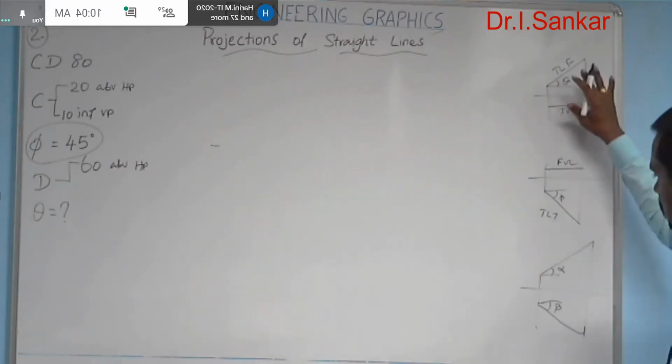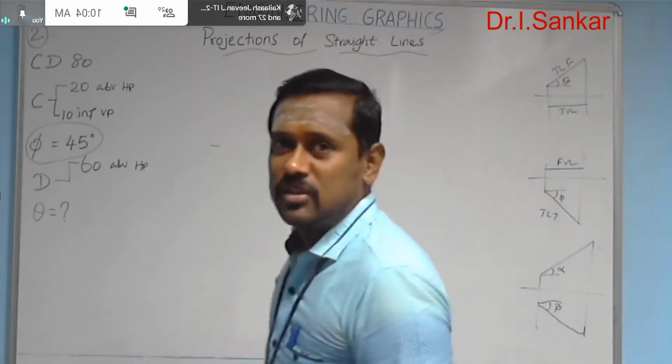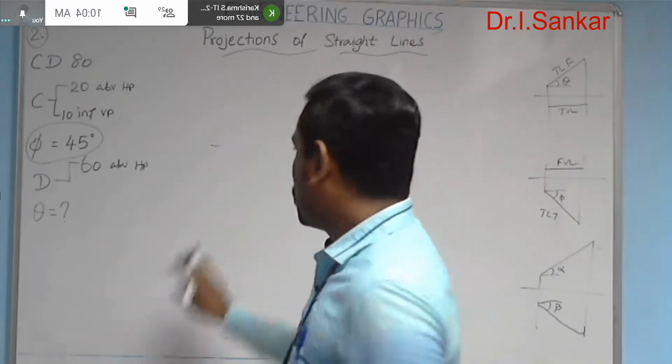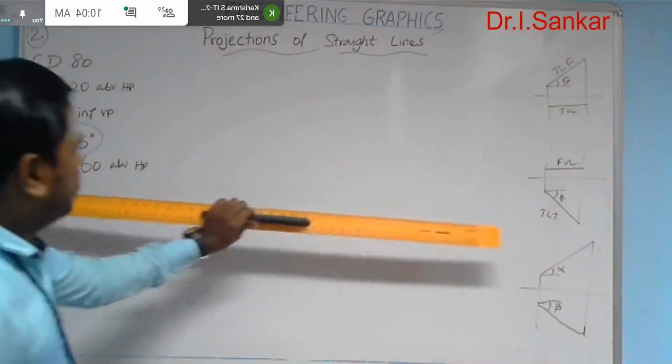So by having this basic template in mind, we can bring out the unknown things which are all hidden in the question. First of all, you need to draw the XY line.